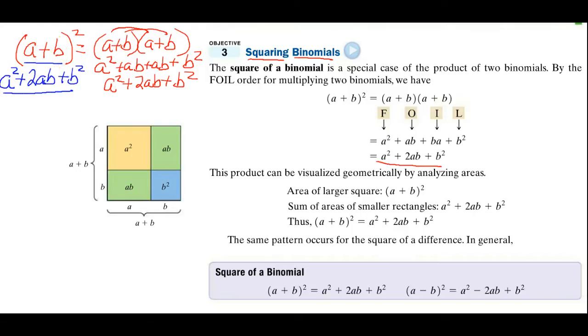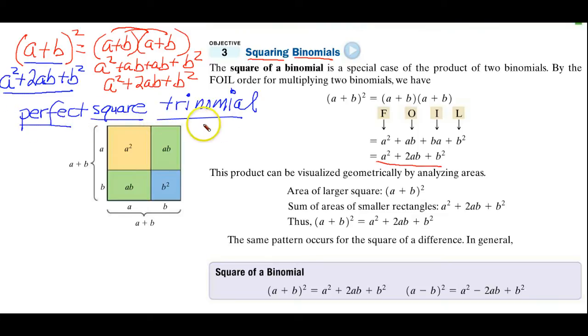Now, when we do this, the product of squaring a binomial, which is this, we have a special name for it. We call it a perfect square trinomial. Now, you might say, well, why are we hearing that?